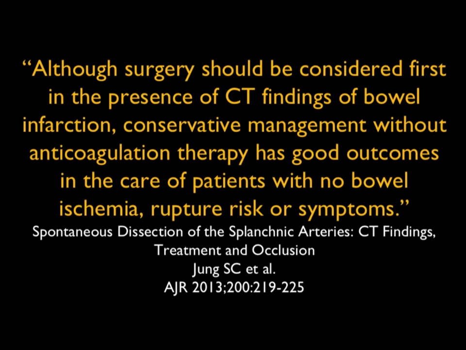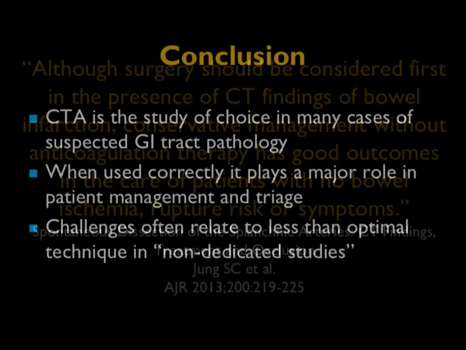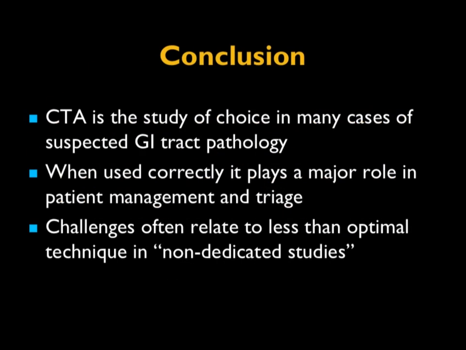So again, routinely do the study correctly, interpret it correctly. The importance of protocols, the importance of looking at the sagittal views and following the vessel in its entirety becomes very critical. And that's kind of my conclusion for the talk. The importance of CT of the GI tract.